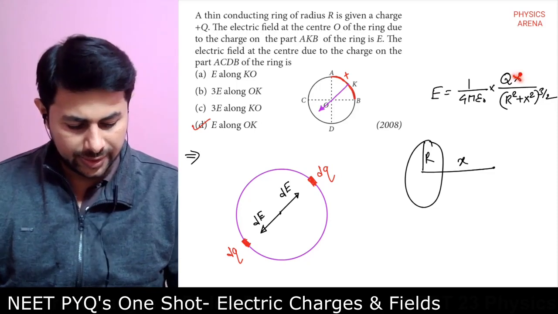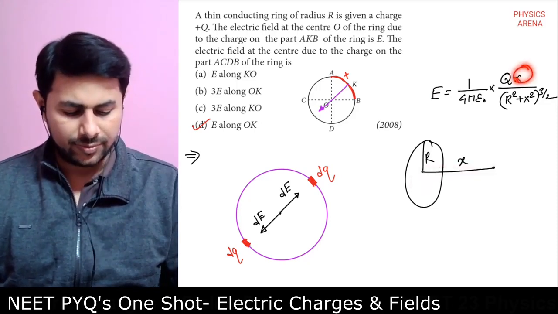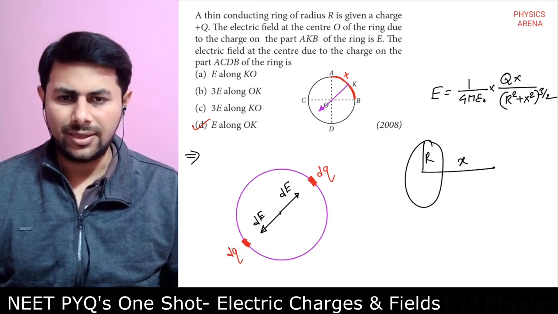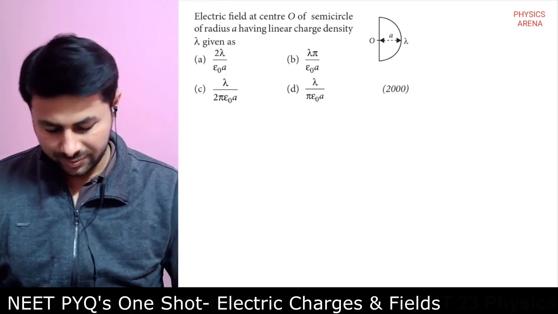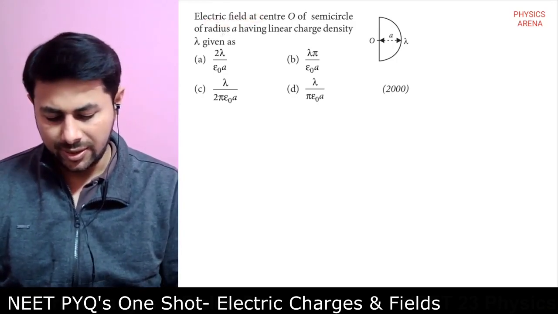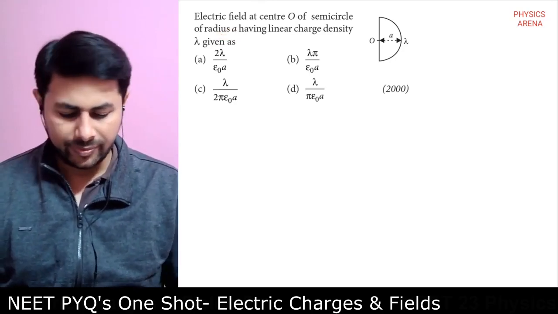So x is the distance from the center. If x is 0, then the electric field is 0, right?